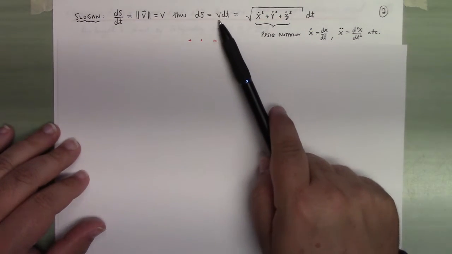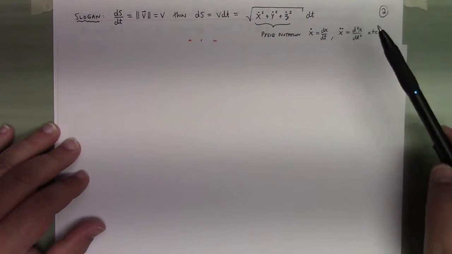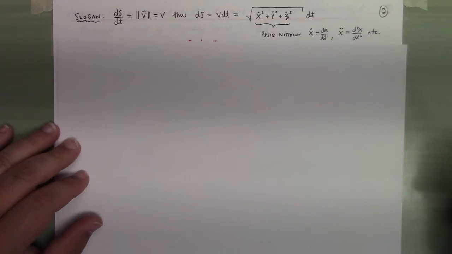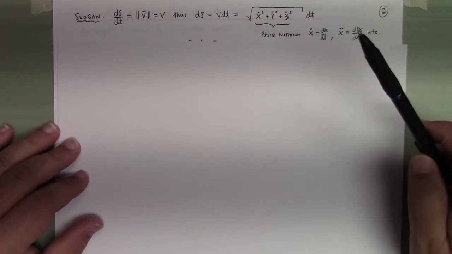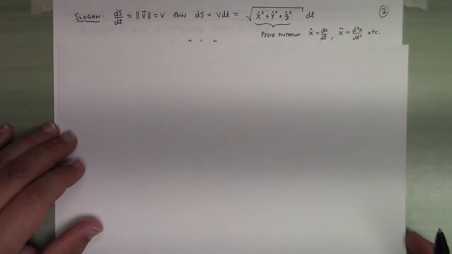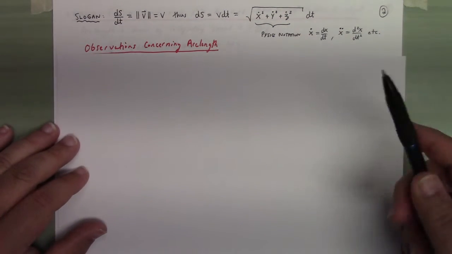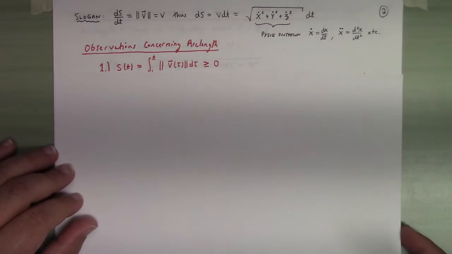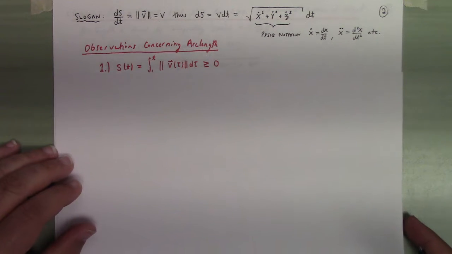So this is a useful mnemonic, if you will, a memory device for remembering how to set up integrals that involve ds later. But anyway, I haven't said anything new there. That's the formula for the infinitesimal arc length. We integrate that in order to get the actual arc length.